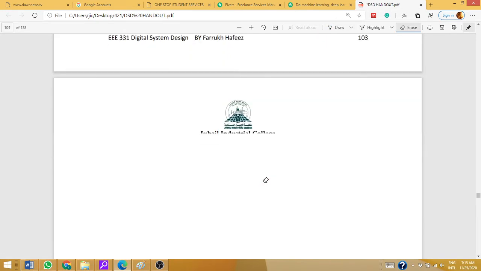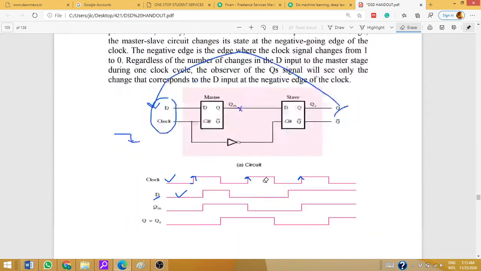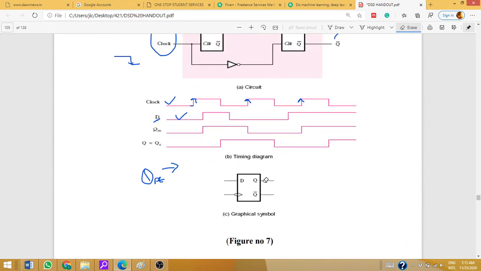And what is the symbol of the D flip-flop? We discussed, see, this is the symbol of negative edge D. First of all, in latches and flip-flops, what is the difference in symbol? Now it is showing an edge. It depends on which edge, positive or negative.